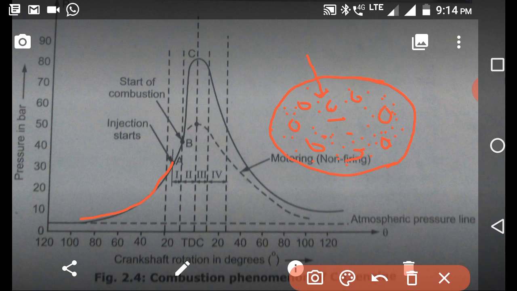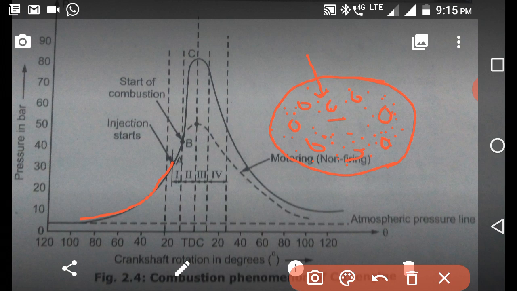So there is injection of fuel and attaining the self ignition temperature, and for that some time will be required. This time we call the ignition delay period. For igniting the fuel we need time, because the fuel molecule and compressed air transfer heat to each other.